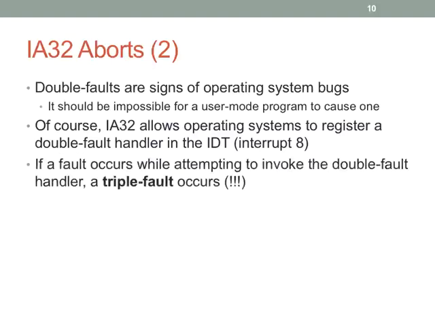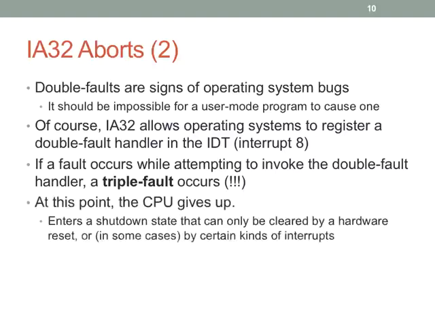Okay. Now, let's say that it tries to invoke the double fault handler, and that also generates a fault. Then you get a triple fault, and don't worry, we don't have quadruple faults and quintuple faults and so forth. Basically, the CPU gives up when we see a triple fault.